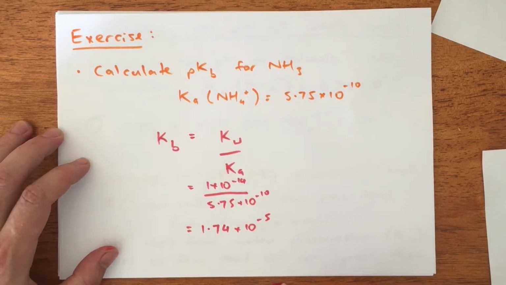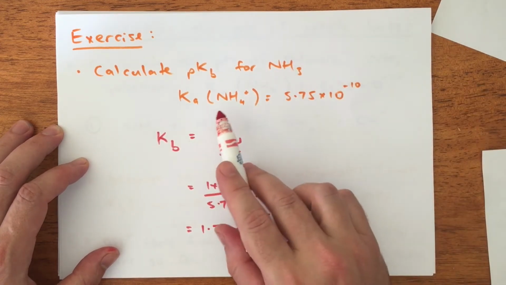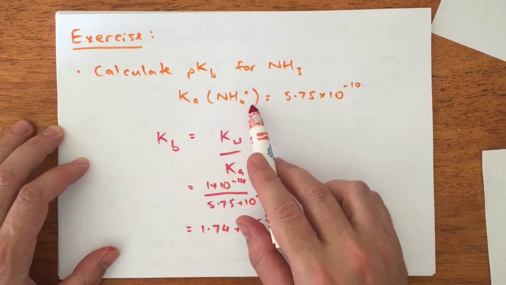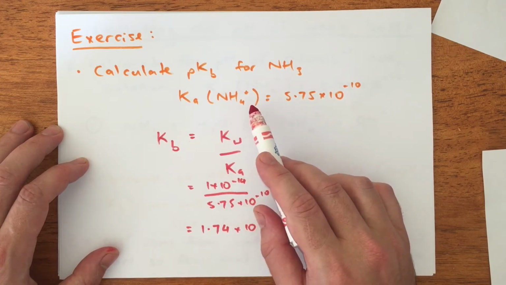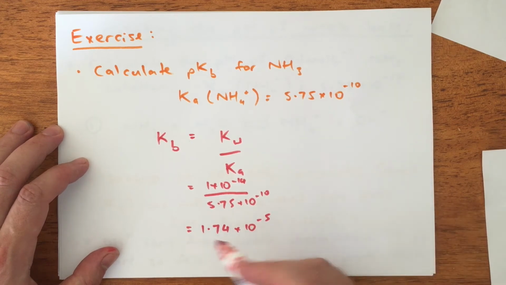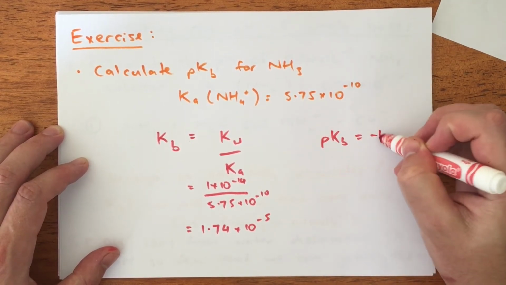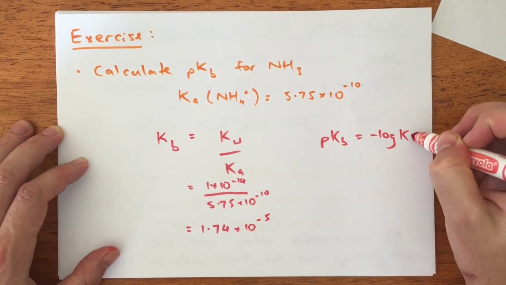So there's the Kb for NH3 calculated from the Ka of its conjugate acid. I can't just use any old random Ka, it has to be the Ka for its conjugate acid. Now that I have Kb, I can calculate pKb, which is the negative log of Kb.